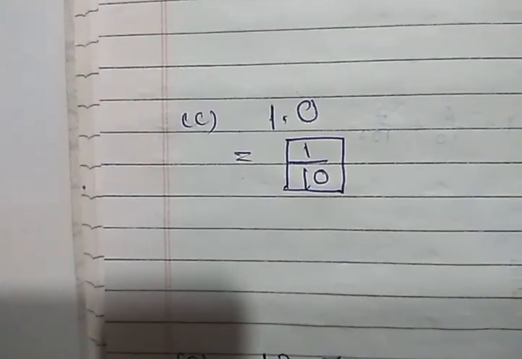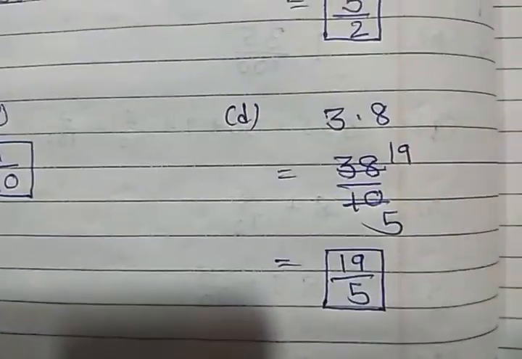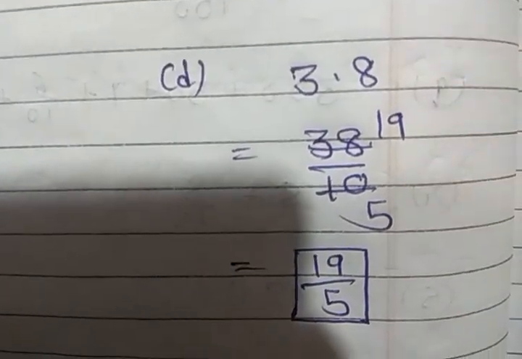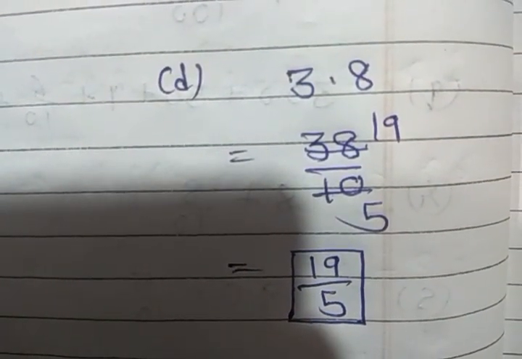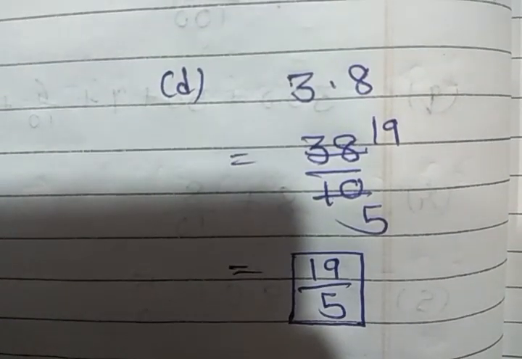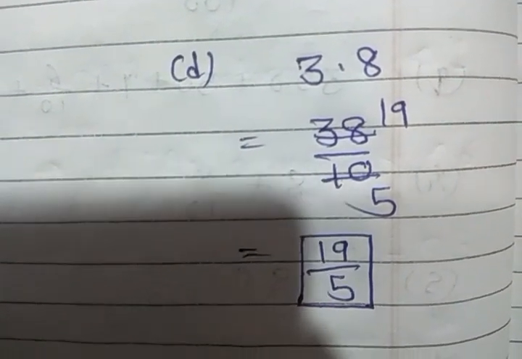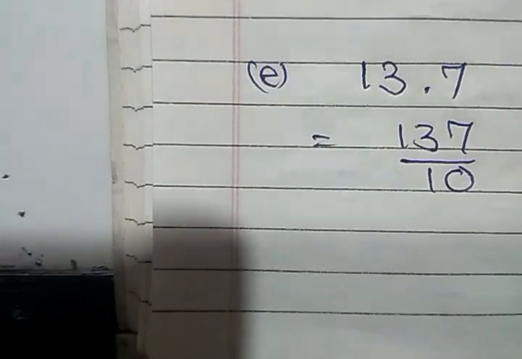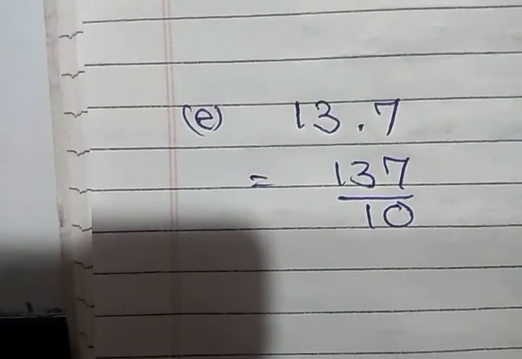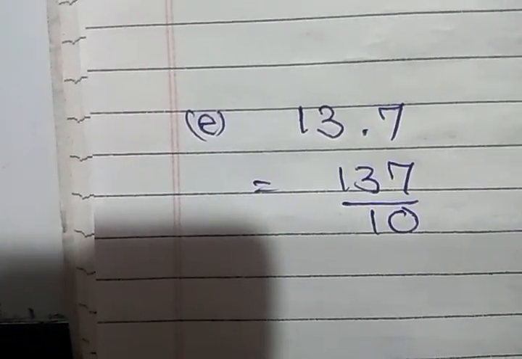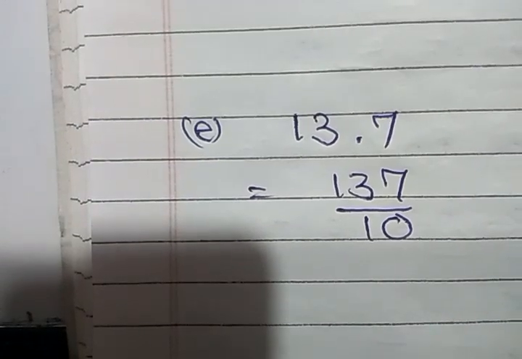Then 1.0 means 1 upon 10. 3.8 means 38 upon 10, and 38 upon 10 means 2 19s are 38 and 2 5s are 10, so 19 upon 5. E. 13.7 means 137 upon 10.